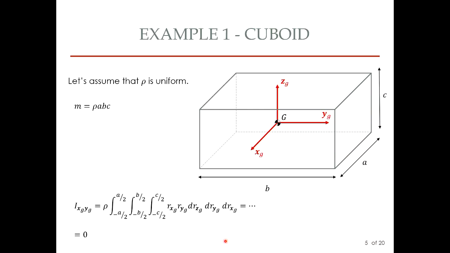Later on, you'll learn how to do it about different points and how to transition between points. But in this lecture, we are only interested to calculate I, the inertia tensor about the center of mass. Why?